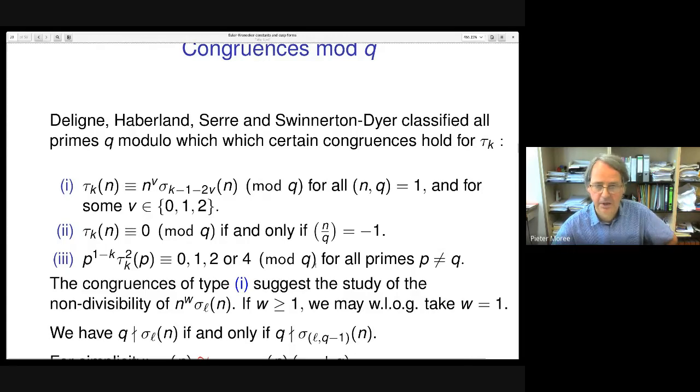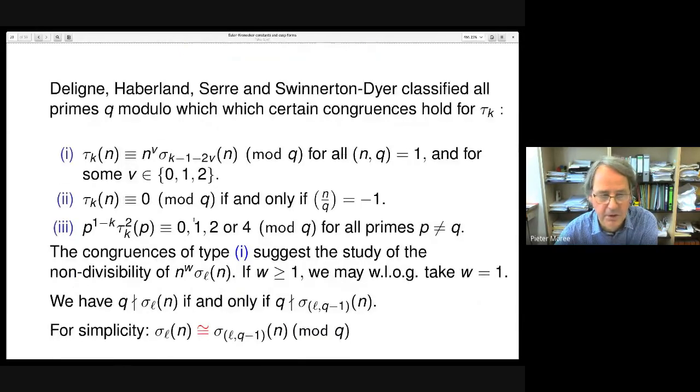There is one congruence known of this type, and it was not found by Serre and Swinnerton-Dyer. That was by Haberland, using Galois cohomology. So we could not compute the Euler-Kronecker constant for this one, so this is left open, but here we can deal with all these examples and compute the Euler-Kronecker constants.